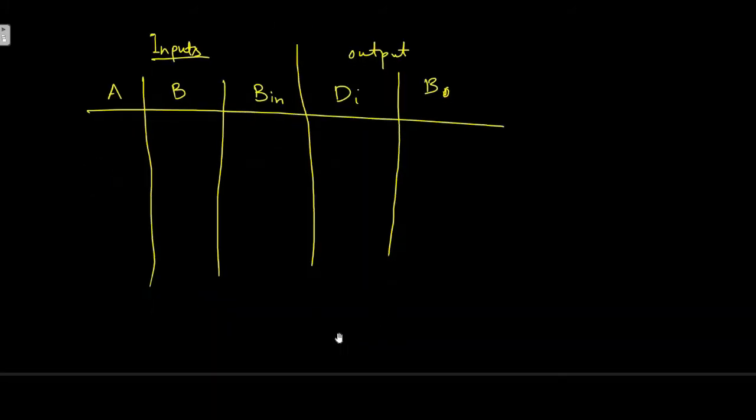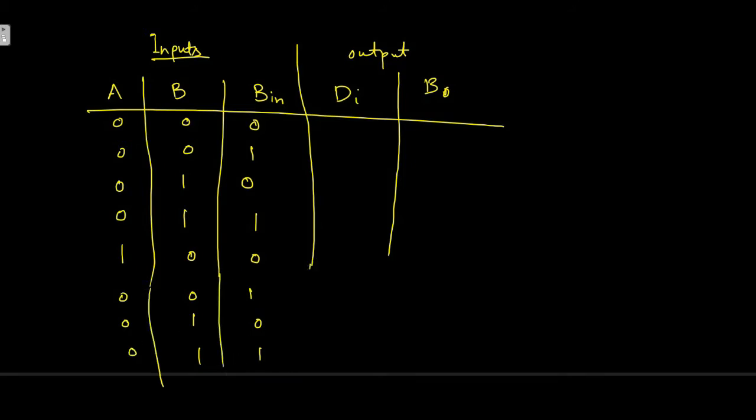Now since there are 3 inputs, the logic becomes 0 0 0, 0 0 1, 0 1 0, 0 1 1, and so on. So these are the possible inputs. Now 0 minus 0 minus 0, difference 0, borrow is 0.